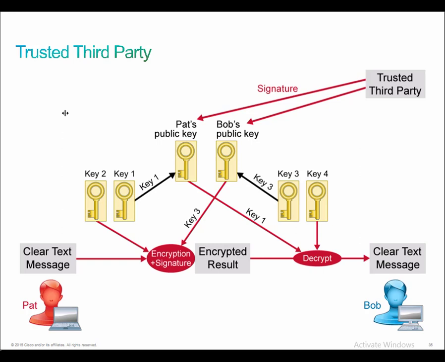That provides a much higher level of security, but we still have to go one step further. All right, so there is one last step that's kind of applied to this process. What proves to Bob, for example, that the public key that he has for Pat is actually Pat's public key? It's kind of like you get pulled over by the cop and you have to present identification.